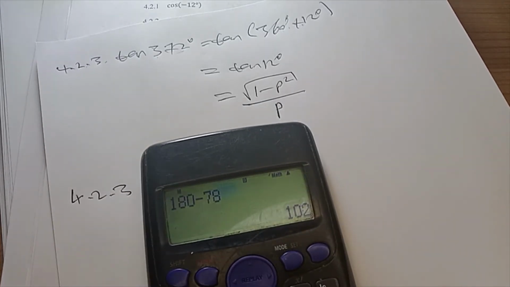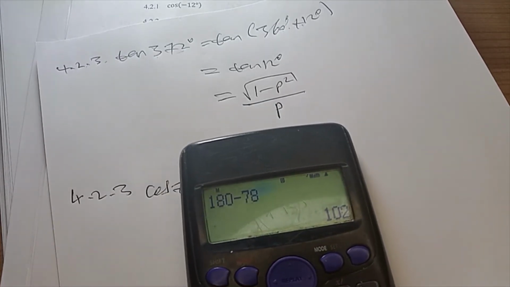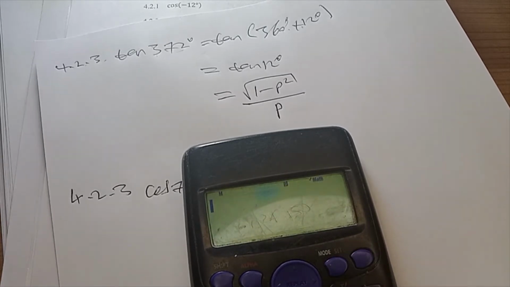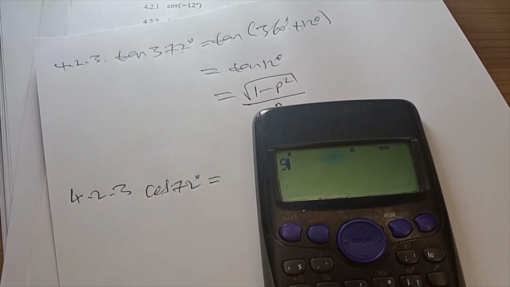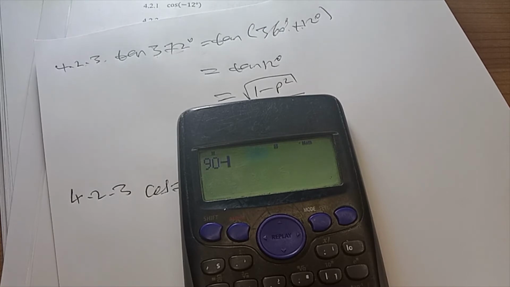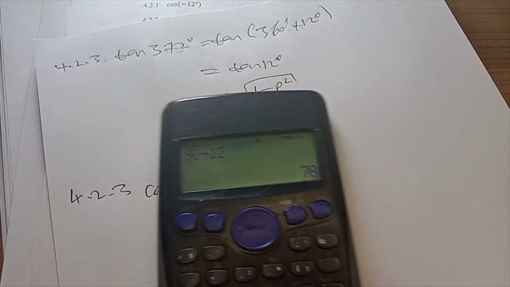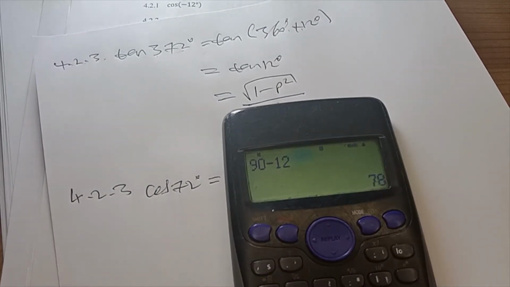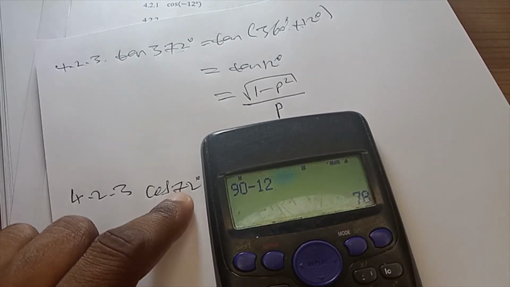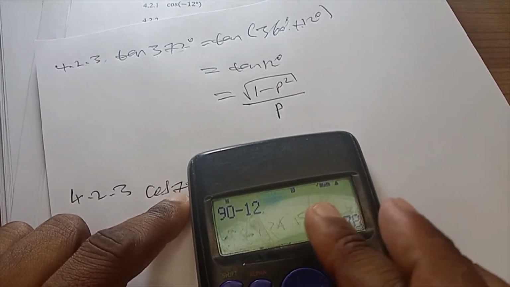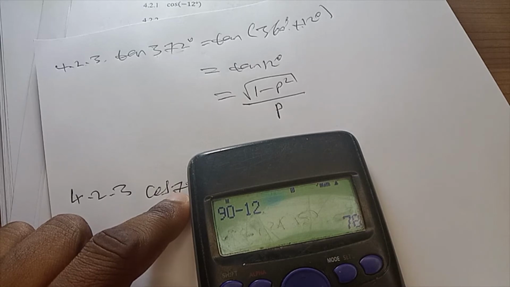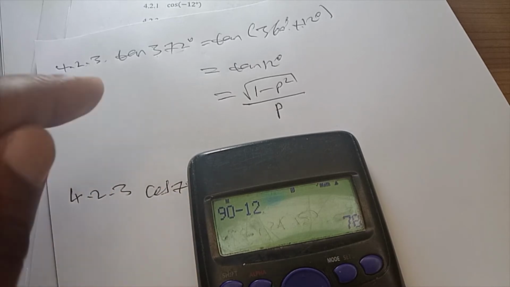it gives me 102. Let me start with 90, subtracting the 12 there, it gives me 78, doesn't give me 72. Remember, when you subtract these things or add them, they should give you what you are given there.